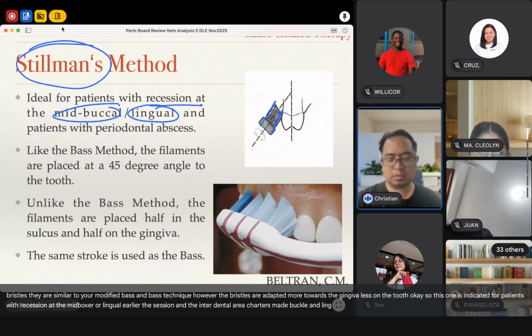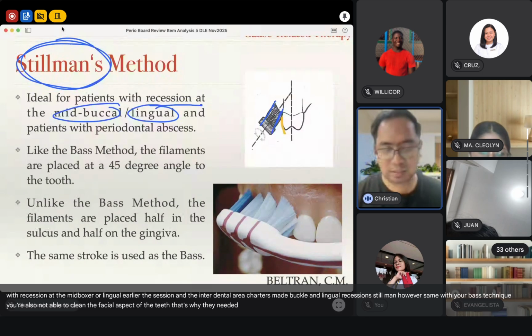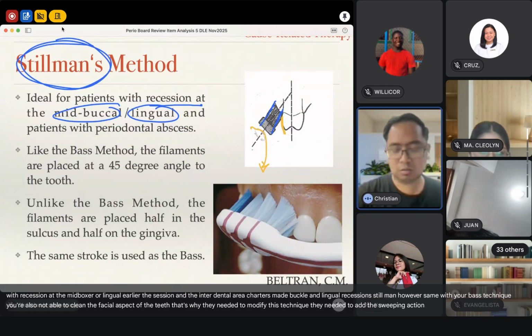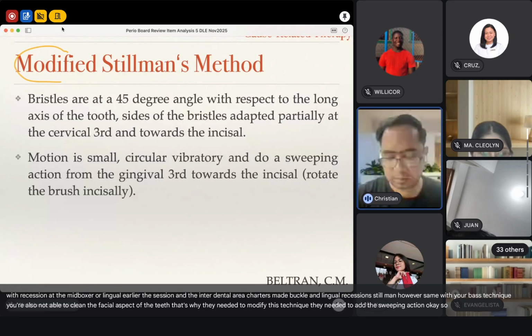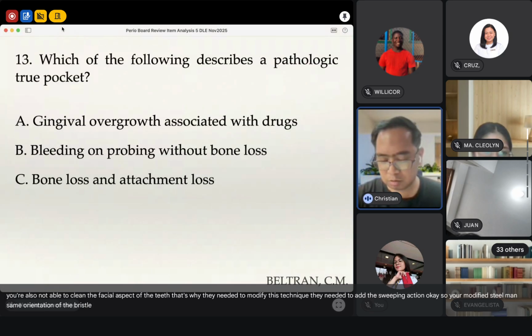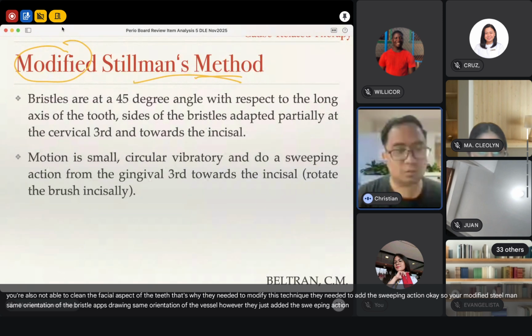Mid-buccal and lingual recession, Stillman. However, same with your BAS technique, you're also not able to clean the facial aspect of the teeth. That's why they needed to modify this technique. They needed to add the sweeping action. Okay? So your modified Stillman, same orientation of the bristle. Oops, wala akong drawing. Same orientation of the bristle. However, they just added the sweeping action.